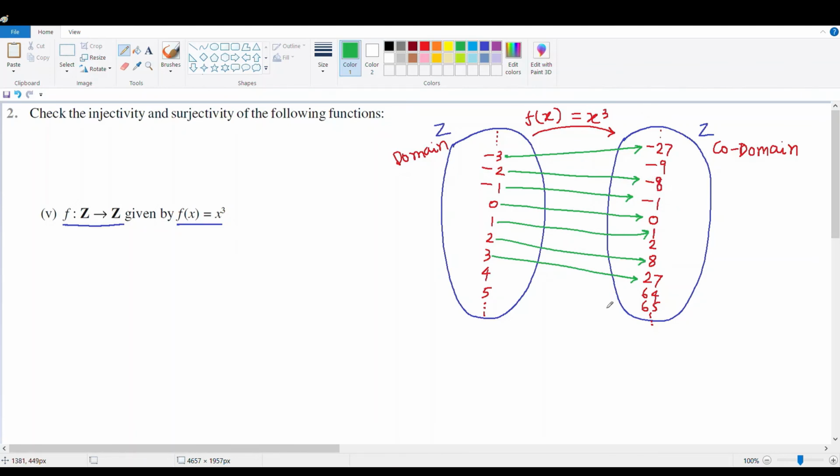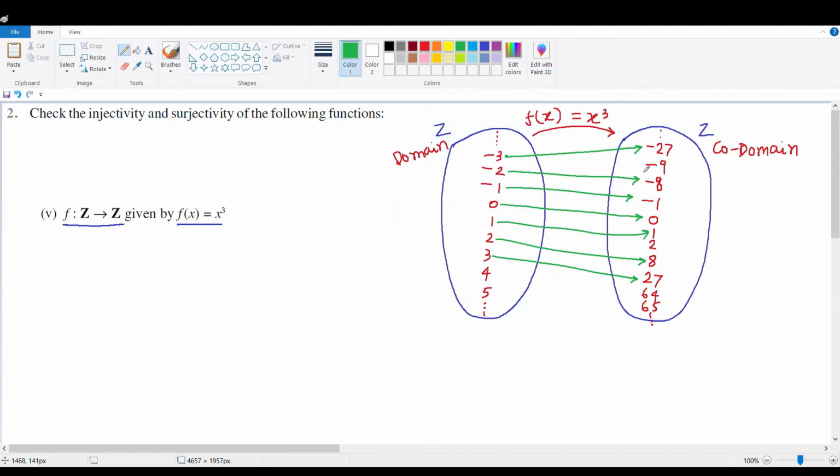Now is this an onto function as well? To become an onto function, you must have every element of the codomain occupied with some element in the domain. That means every element in the codomain must have some pre-image in this domain.